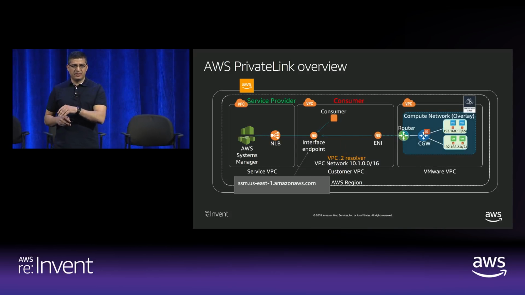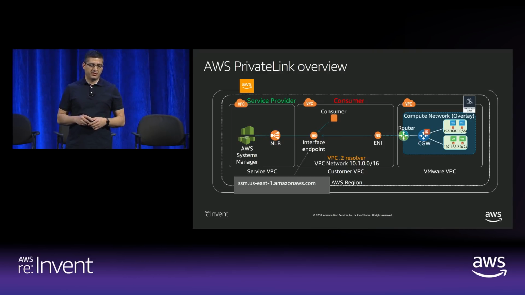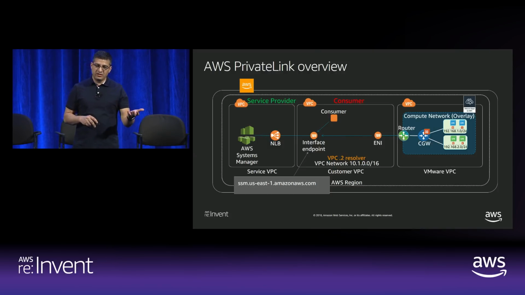When we map this to the VMware model, there are two primary things that you need to plan for. First, you create your VMware endpoints in a VPC that has the interface endpoints, so that you have local connectivity between the two. Second, you need to plan for name resolution, so that when you address this endpoint, it will get resolved to the private IP address.